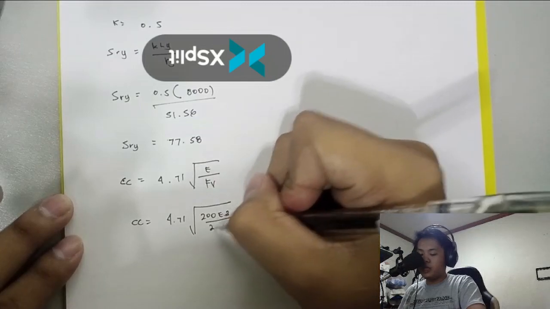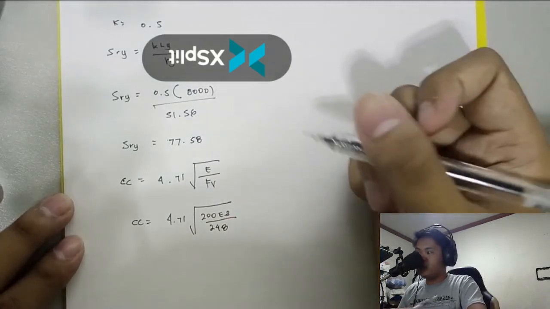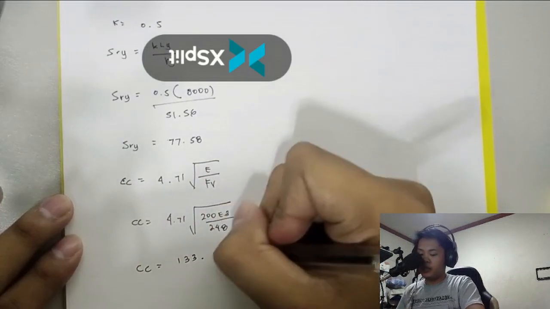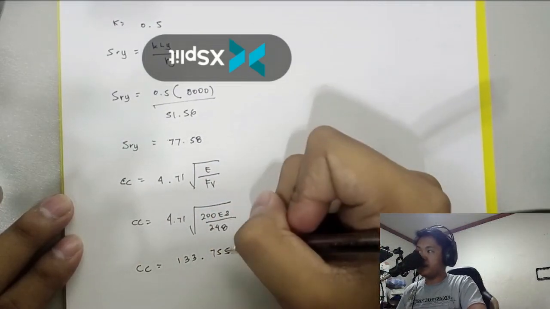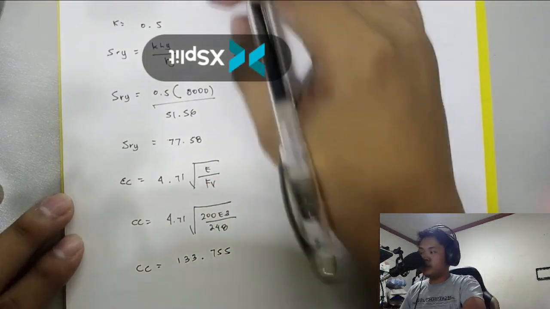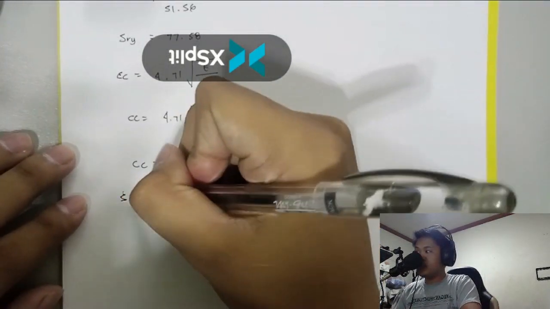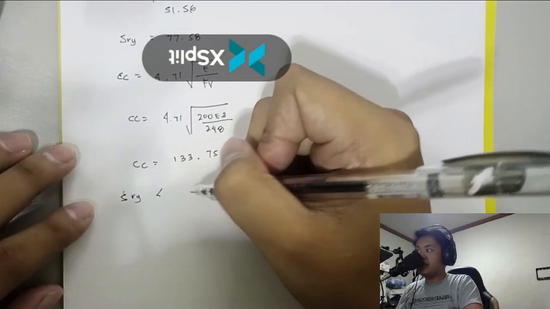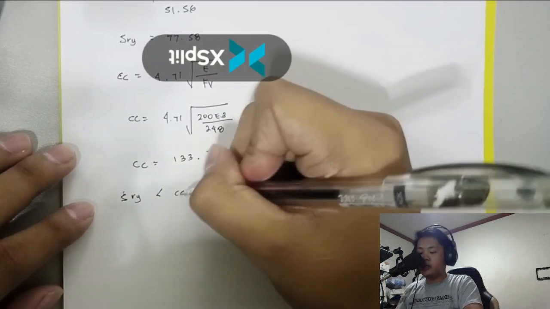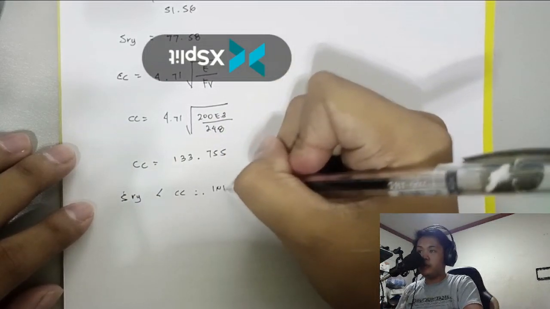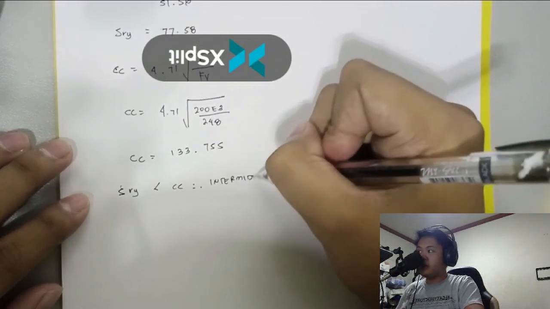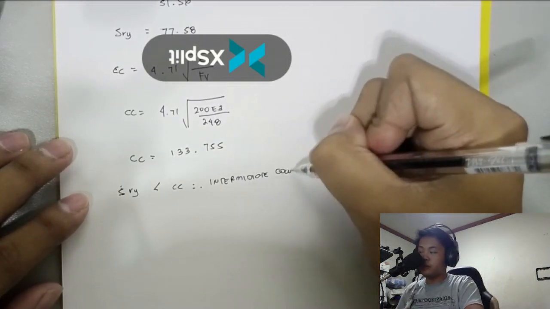So yung FY natin is 248. So makakuha tayo ng value na CC na 133.755. Ngayon, kung mapapansin nyo, yung slenderness ratio natin ay less than sa CC. So ang ating column ay papasok siya sa classification ng intermediate column.